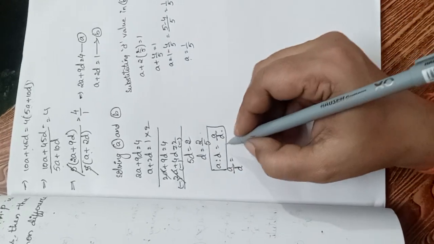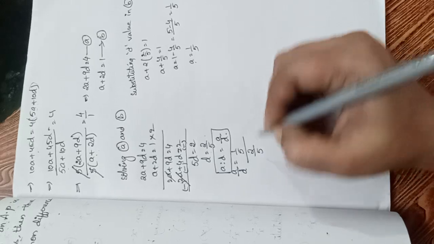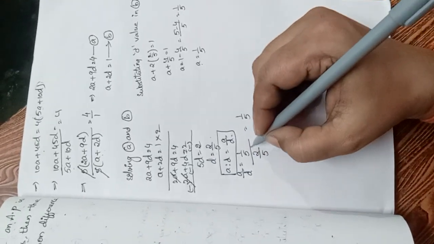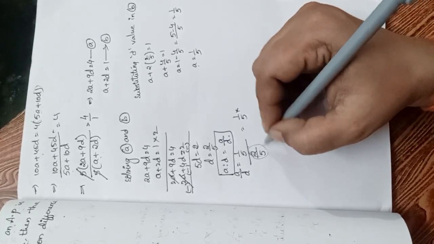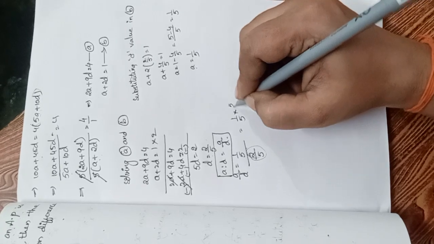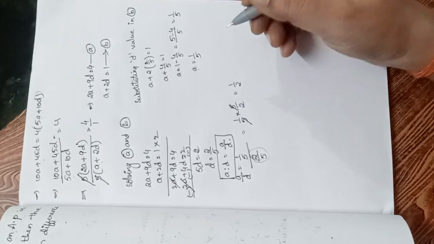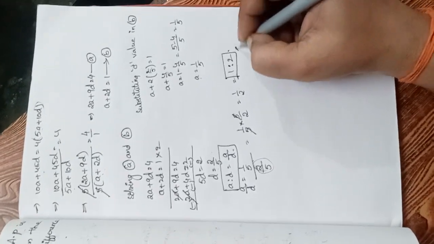So a by d equals 1 by 5 whole divided by 2 by 5, which equals 1 by 5 into the reciprocal, 5 by 2. So 5 cancels, which equals 1 by 2, and this can be written as 1 is to 2. So this is the solution.